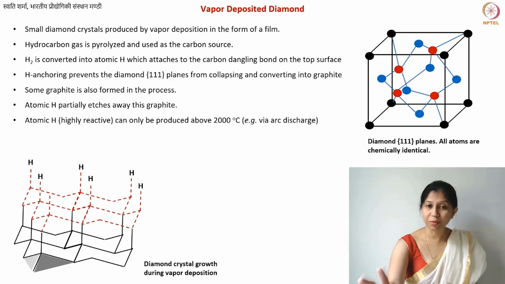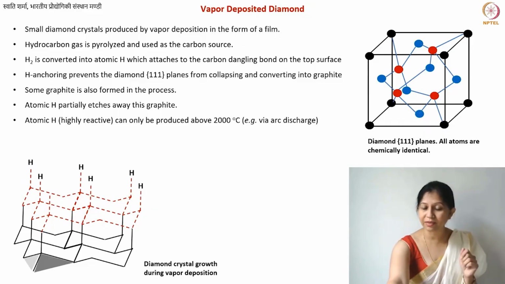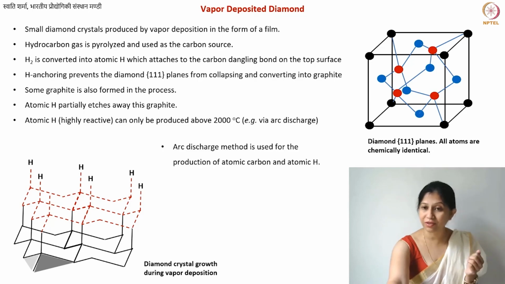Okay, so it is performing in two ways. It is increasing the production of diamond and reducing the production of graphite. As I mentioned already, you can either have arc discharge or some sort of high energy plasma, then you can have your atomic hydrogen, or you have temperatures above 2000 degrees. Okay, or both. In many cases both.